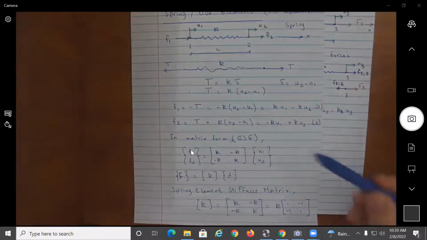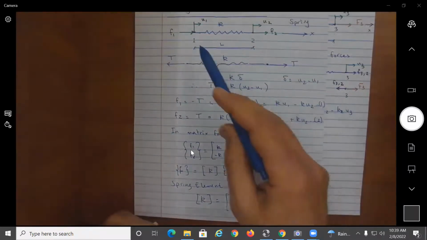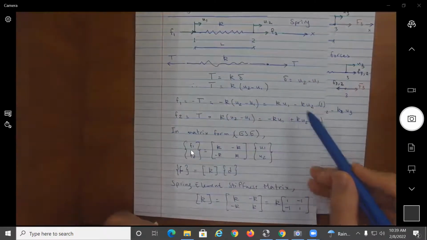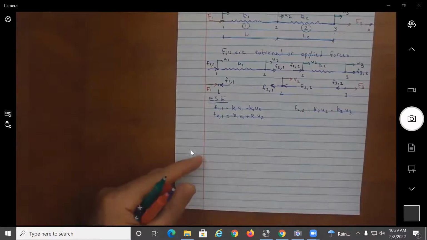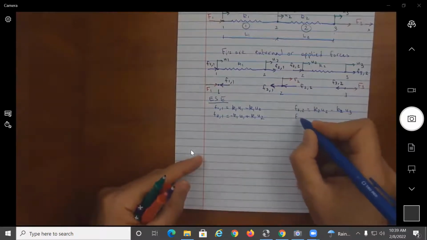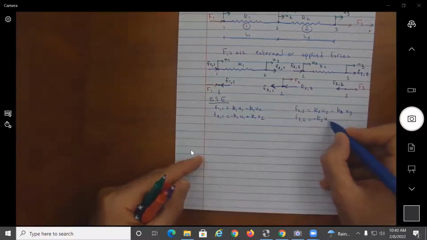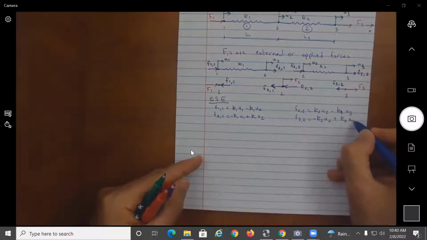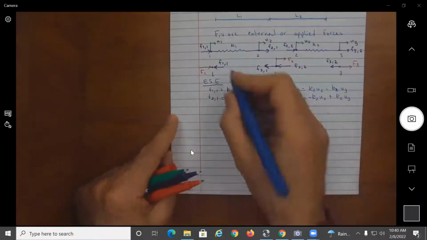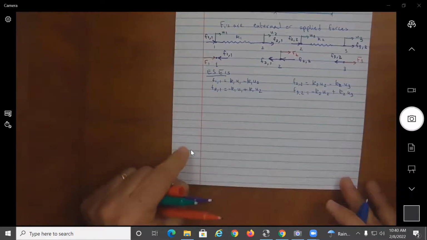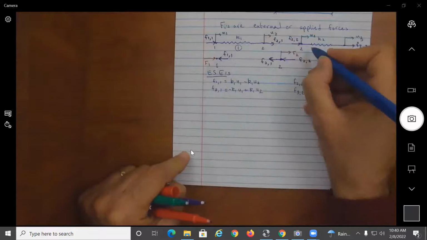But for element 2, because it extends between 2 and 3, I am replacing U1 by U2 and U2 by U3. So this is where I came up with this. I also have an F32 equal to minus K2 U2 plus K2 U3. So these are the element stiffness equations for element 1 and for element 2.